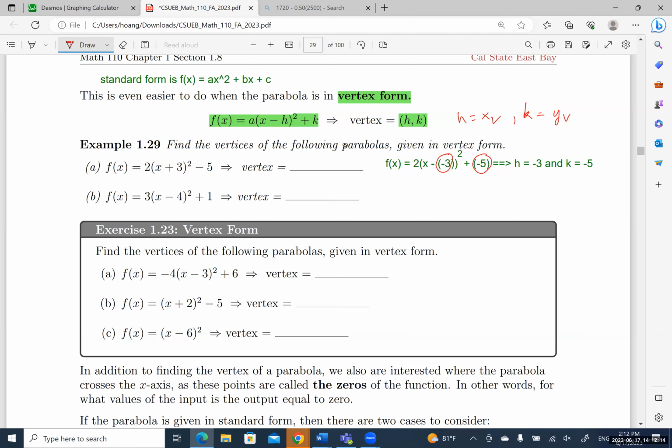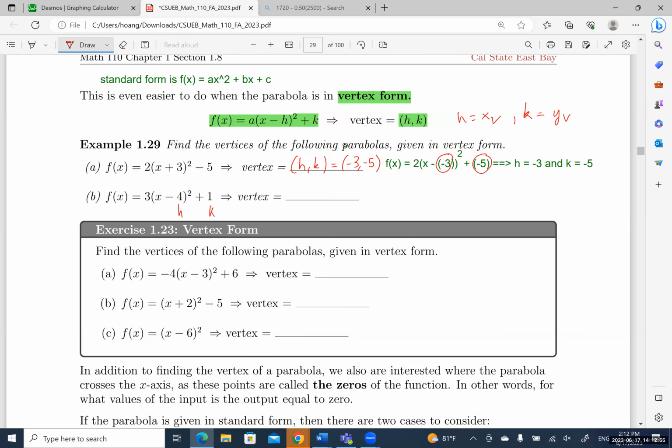So the vertex will be in the form h comma k, and it will be equal to -3 comma -5. Okay. Part B is gonna be easier than part A since it's already in the form. Exactly, with negative and positive for h and k already. So we can just right away say h here and k here.